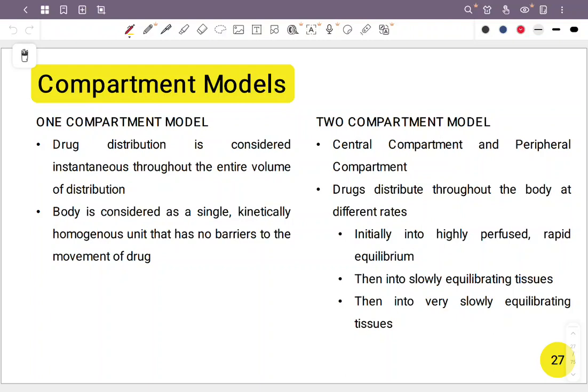Then, drug distributes throughout the body at different rates. Particularly, first, ang drug daw, ma-distribute siya sa highly perfused na area. So, katong area nga daghang veins, daghang blood. Then, next is sa mga tissue na which has limited na perfusion. So, that's the overview for our compartment models.